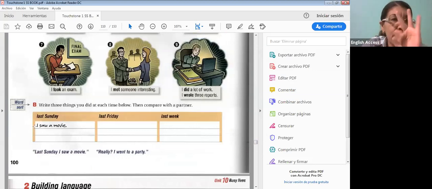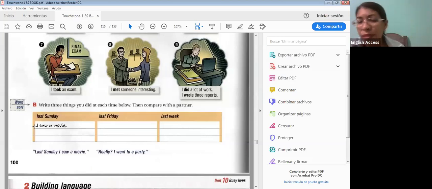Think of 3 activities that you did last Sunday, 3 activities that you did last Friday, and 3 activities that you did last week, and complete the chart. We have an example. Last Sunday, I saw a movie. Try to complete this chart, please. You can use irregular verbs or regular verbs, okay? Go ahead.